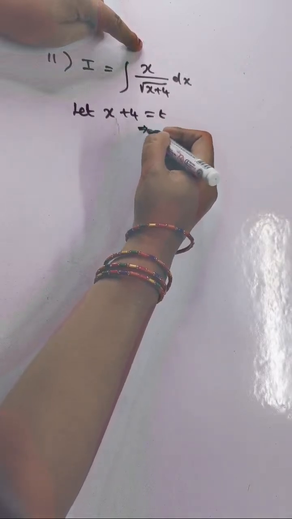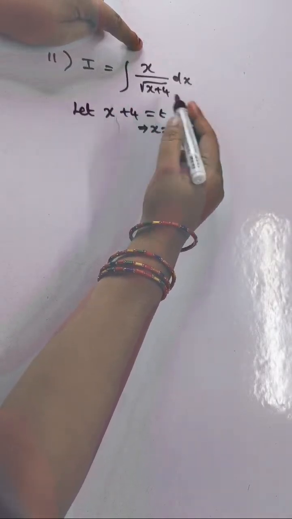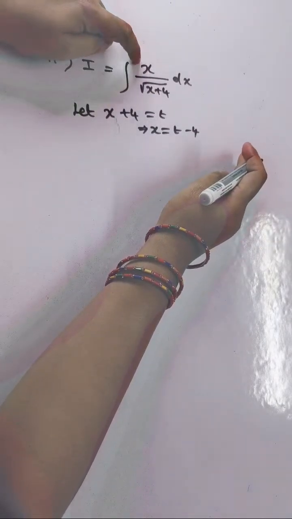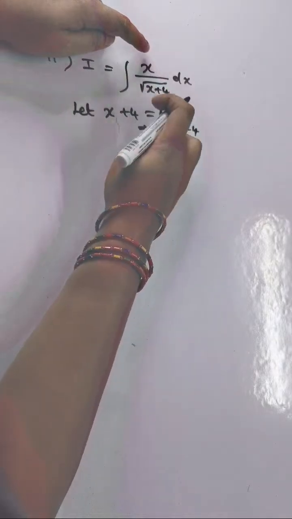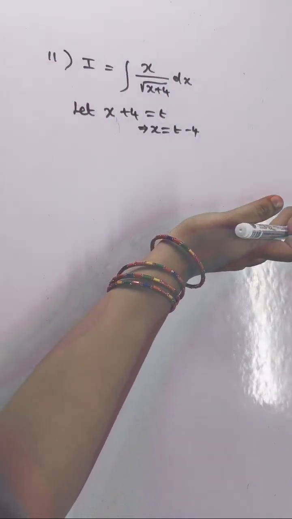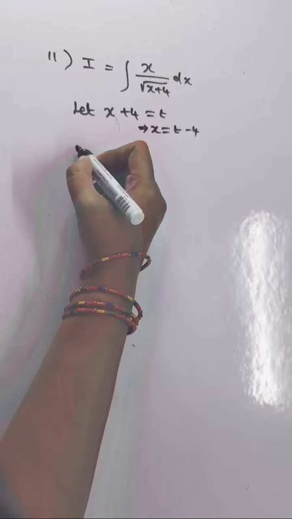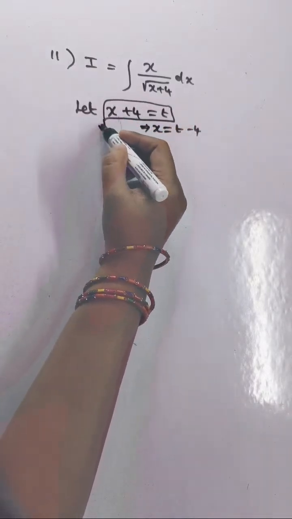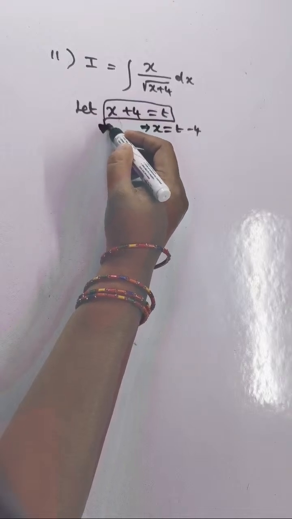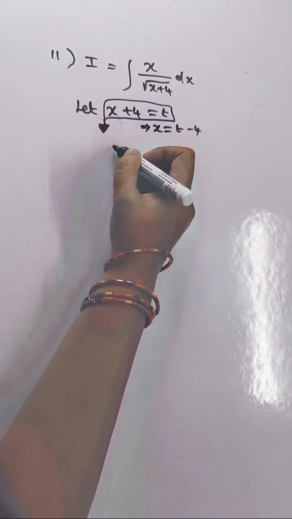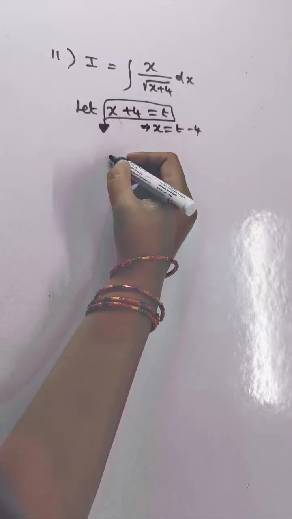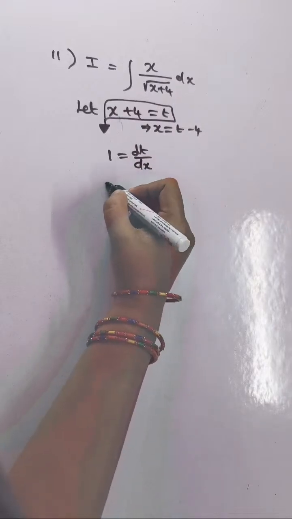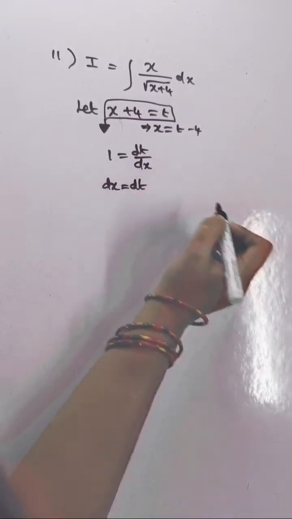So from here find x: take this plus 4 to the left side, so that while substituting you can replace x as t minus 4, and x plus 4 as t, so that you get it in t form. Now differentiate both sides with respect to x. So I get 1 equals dt by dx, cross multiply, so dx is equal to dt.